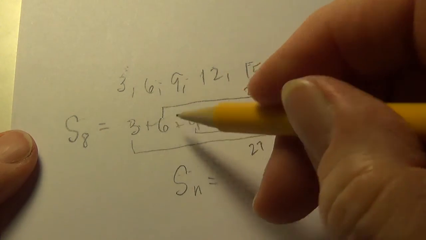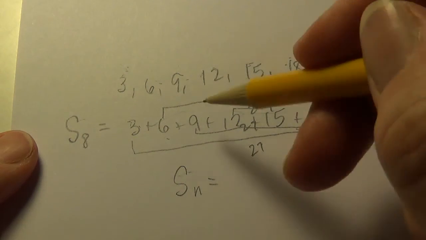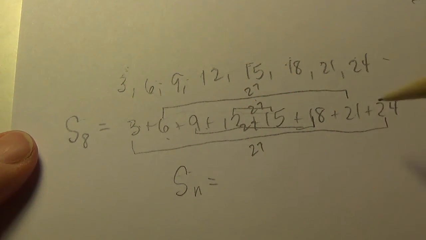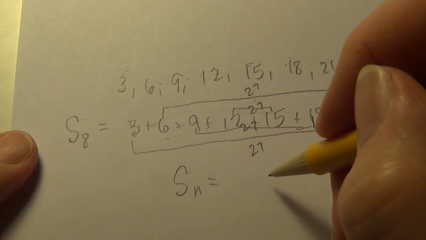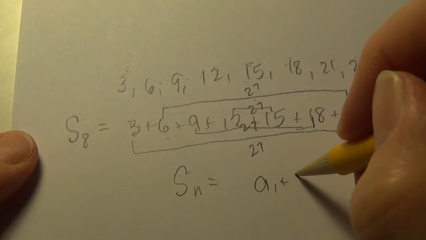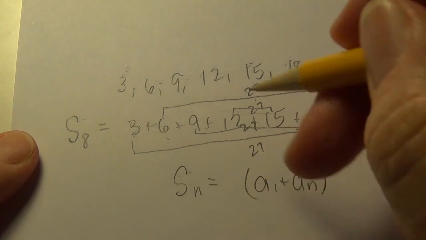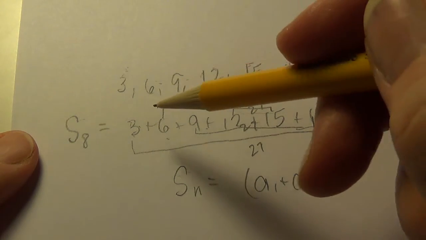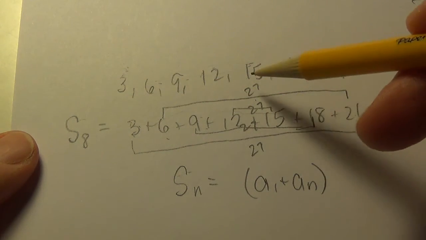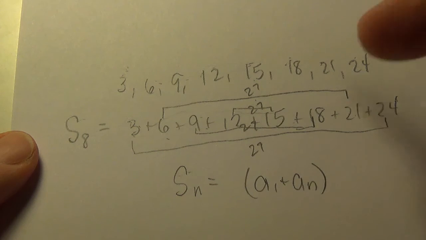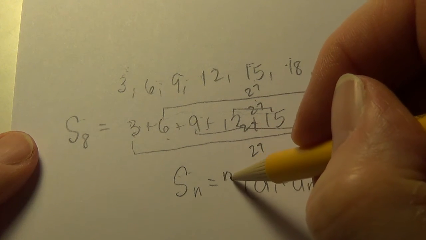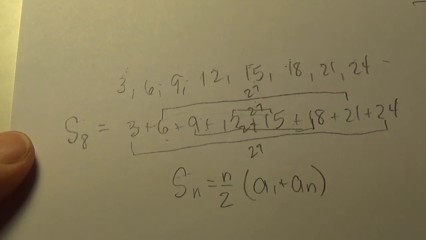We could take the second to the second and the second to the last, or the third and the third to the last. But let's just make it simple. Take the first term plus the last term. And we're going to use that sum how many times? Well, when we had 8 terms, we end up using it 4 times. So let's take the number of terms divided by 2.